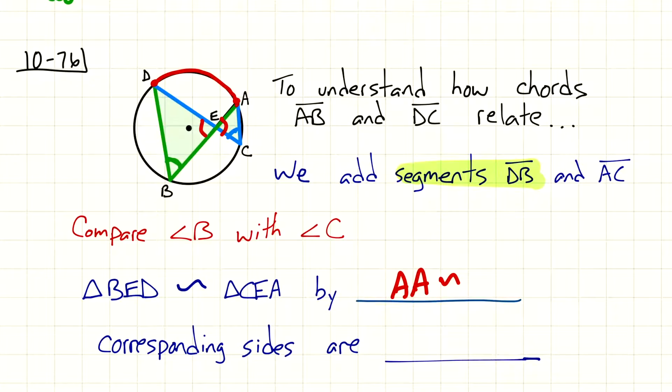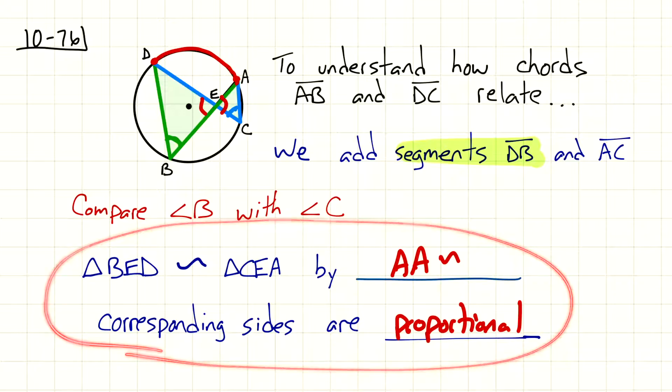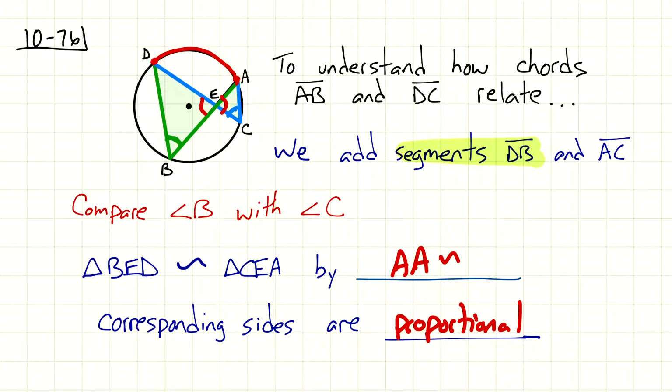In this case, corresponding sides are, I don't know if you remember this, but the keyword here is proportional. So now this circle problem with a couple of chords relates back to similar triangles and our use of proportions.